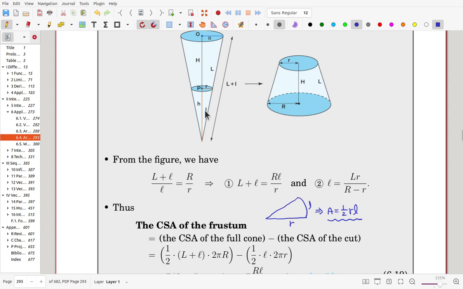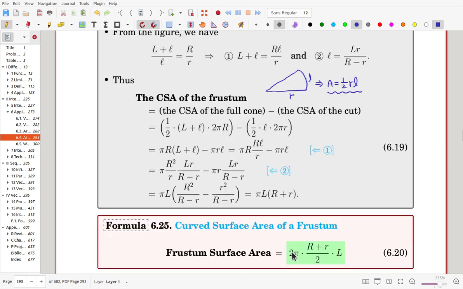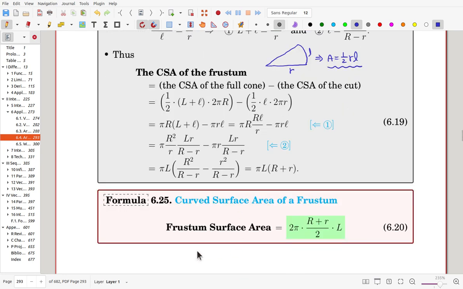For this small cone, now that is radius r, and the sector length is 2 pi r. So we have that. Now, by using equations 1 and 2, we can simplify this term into that form. So we can write it in this way.